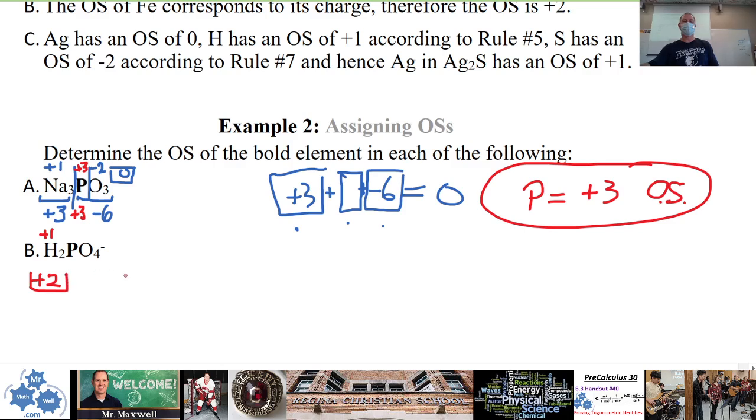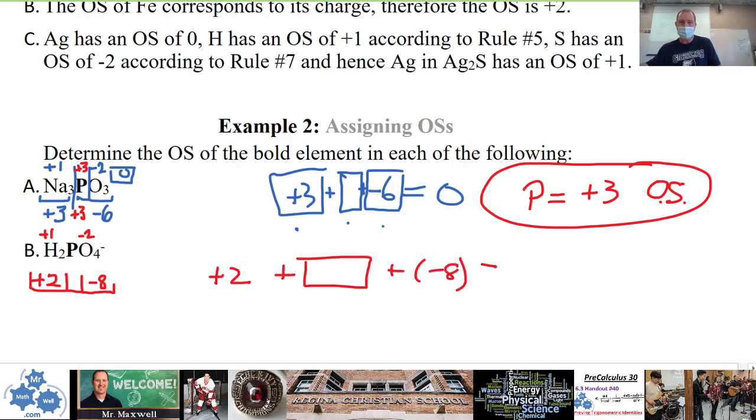I don't know what phosphorus is, but I can figure out how the oxygens behave here. These are -2 times 4, which is -8. So I've got a total of -8 in this compound. Now, +2 plus unknown plus -8 has to equal the apparent charge here, which is -1.